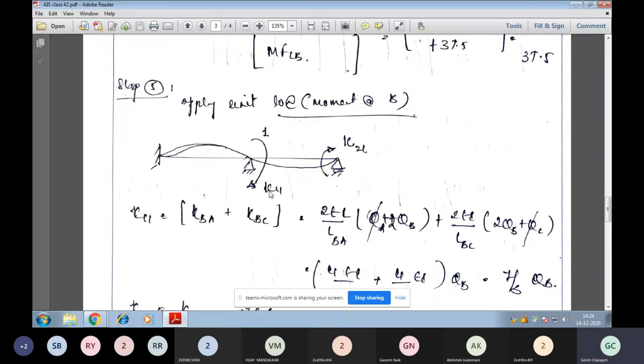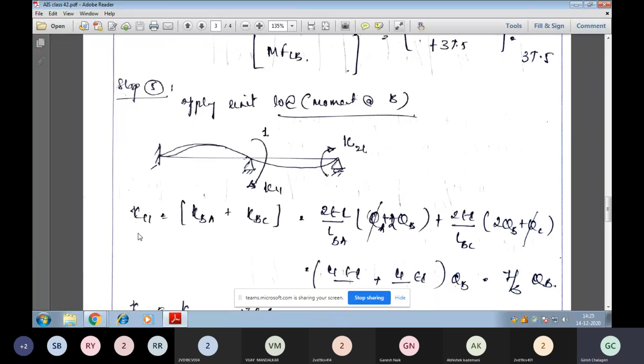K11 means stiffness at the first coordinate due to unit moment applied at the first joint. K21 is stiffness at the second coordinate due to unit load applied at the first joint. That is K21. This is how we are finding.